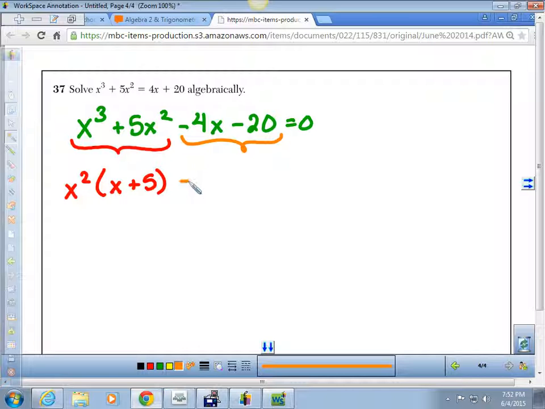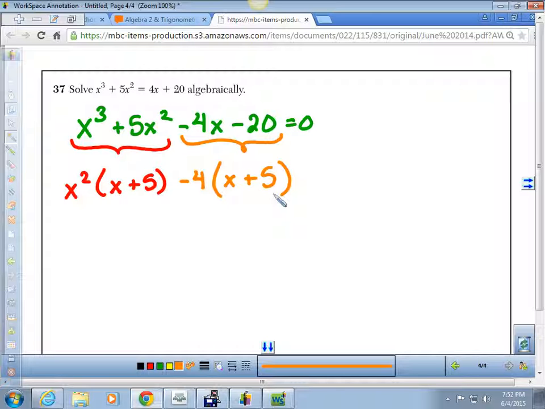So let's bring out negative 4. And what would that leave me with? Yeah, x plus 5. So, folks, my 4 terms have now turned into 2 terms, right? The red group and the orange group. The 4 terms are now 2 terms.